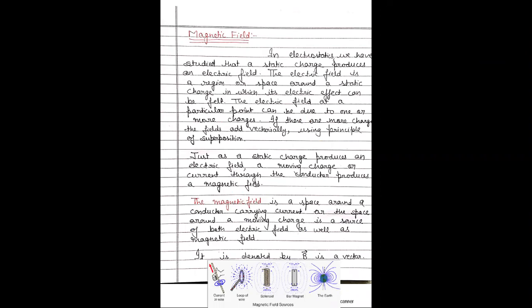Magnetic field. In electrostatics, we have studied that a static charge produces an electric field. Therefore, electric field is a region or a space around a source charge in which if another charge is placed, then that charge experiences some force, and that force may be force of attraction or repulsion.